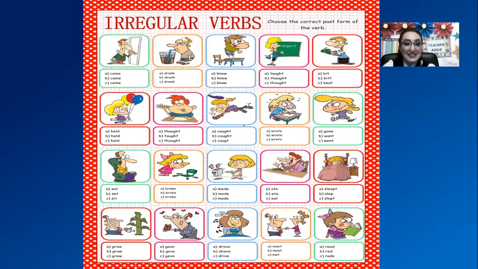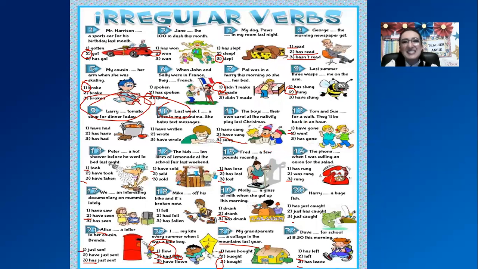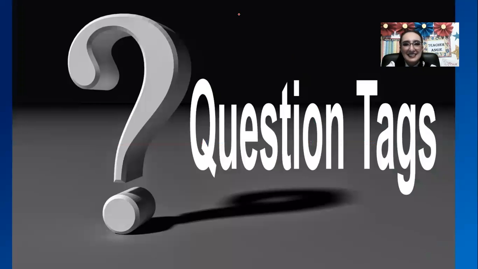This exercise that I have here is going to be for you, okay? You are going to be choosing the correct past form of the verb. Here we were practicing, yes, I want to focus more on past tense, but depending on the context, you are going to be having the verb, the past participle. Excellent.